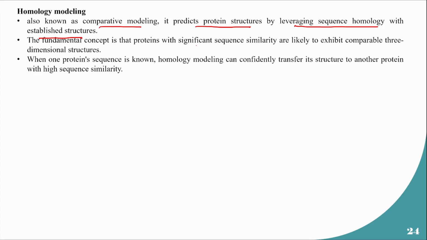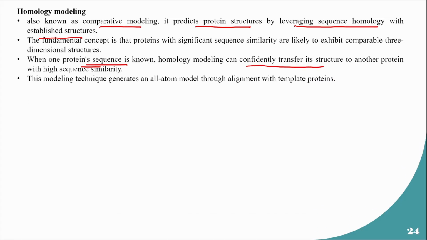So if two sequences have high sequence identity, let's say 90%, 95% identity, then of course their 3D fold will be a lot more similar, right? And if one protein structure is known, homology modeling could confidently transfer it to predict another unknown protein structure from its sequence.